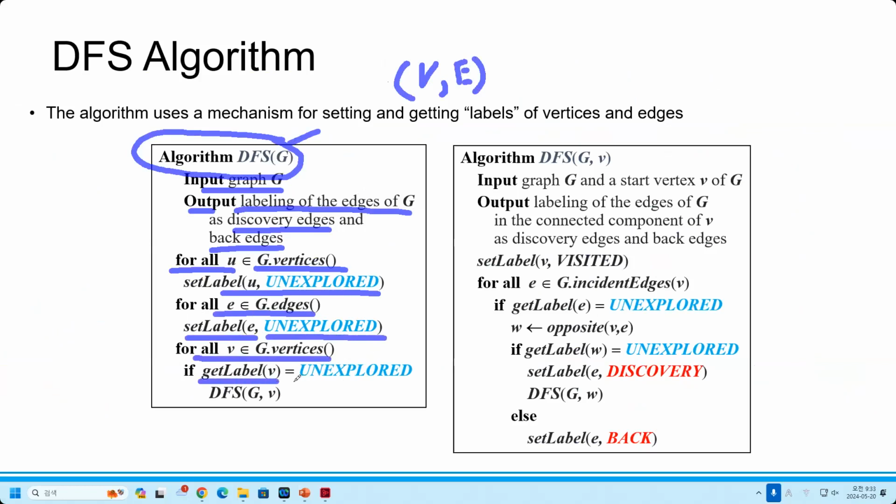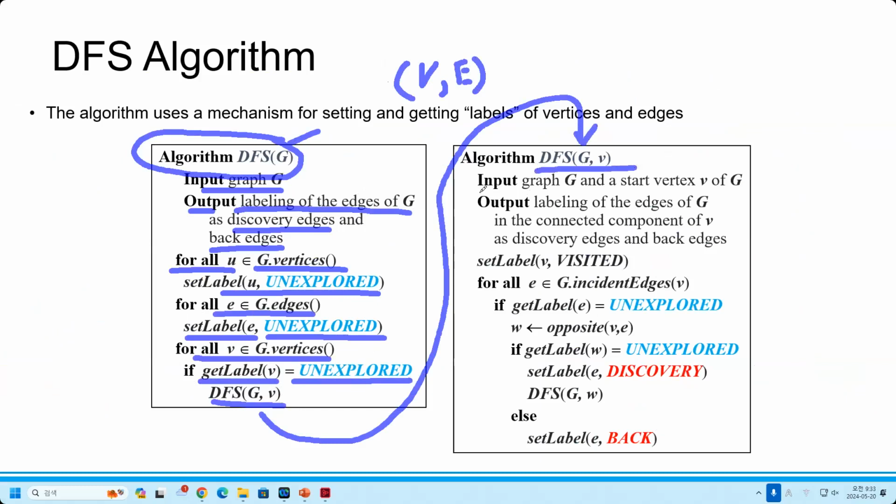If the label is unexplored, then go to DFS G, V. It means we are going to do this algorithm. Okay, DFS G, V. This one.